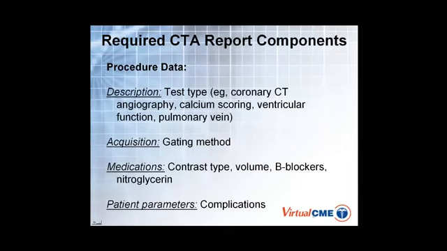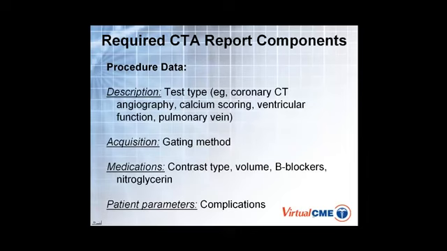In terms of the acquisition, you should describe what the gating method is. Is this going to be a prospectively gated study where you have a single reconstruction available? Perhaps you're doing that for reducing radiation dose, or is it going to be retrospective gating? And those have implications for study quality in some cases.